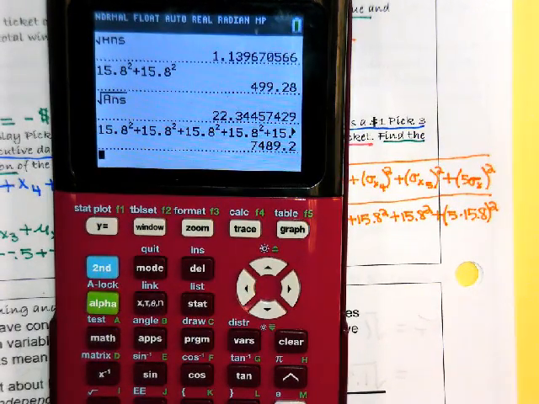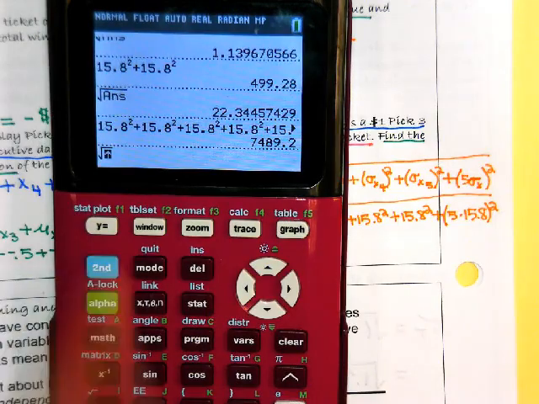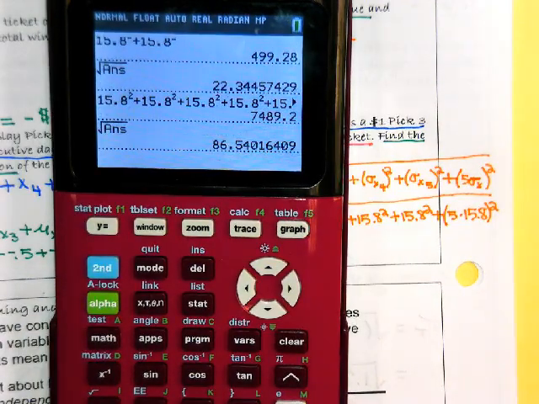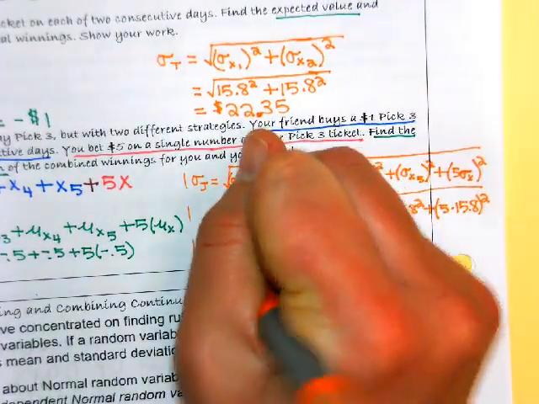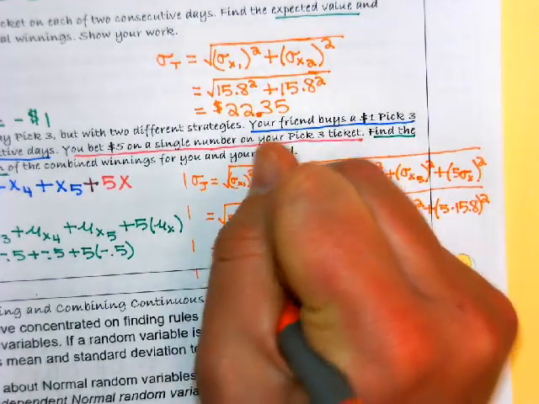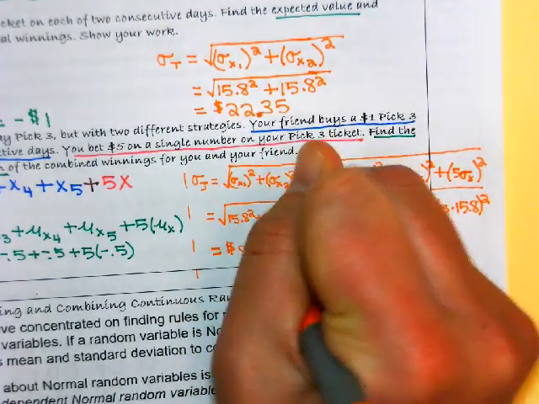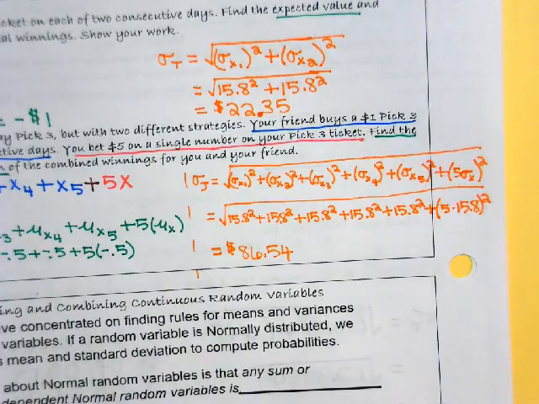And then the last thing we do is we square root. So I get 86.54. So we would expect to lose $5, but on average we would vary from that by $86.54.